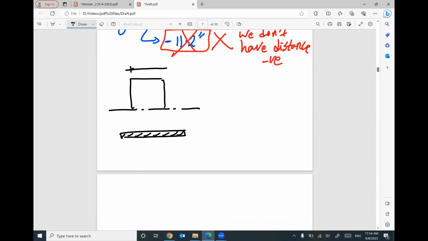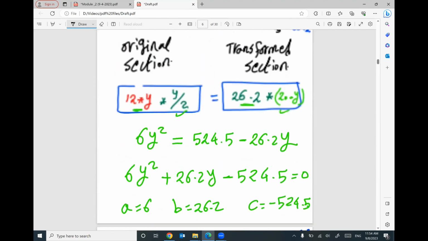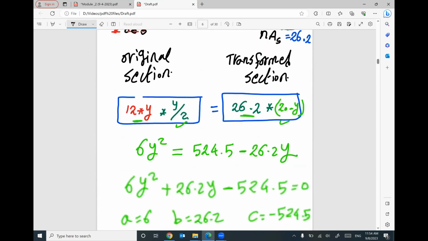This distance equals 12. This distance equals 7.4. And this distance will be 20 minus 7.4, which is 12.6. And this equivalent area, what was the value of this area? 26.2.